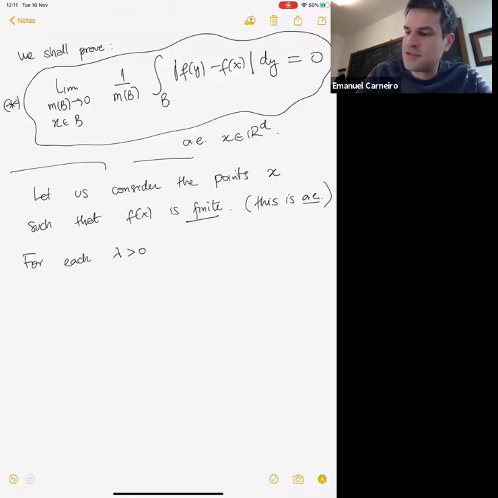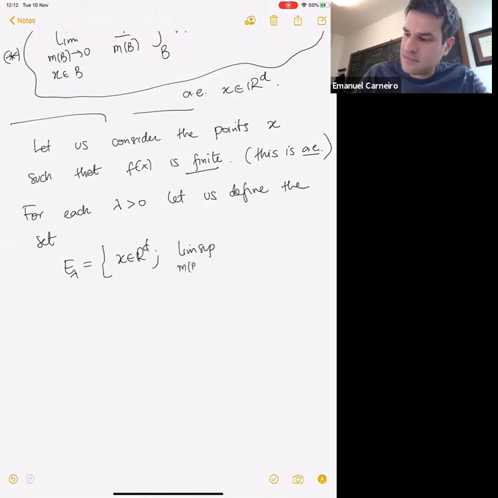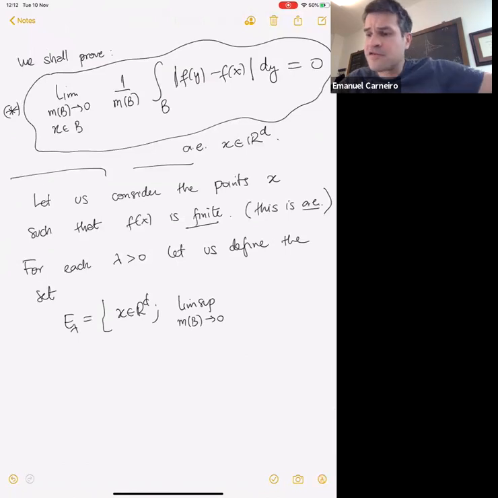for each lambda bigger than 0, let us define the set E lambda to be the set of points x in R^d such that the lim sup, okay, it's part of my statement to actually prove that this limit exists. So in principle, I don't know that this limit here in star exists.